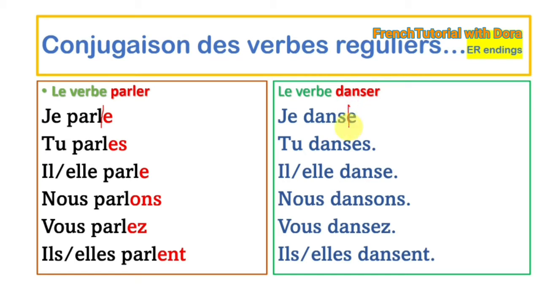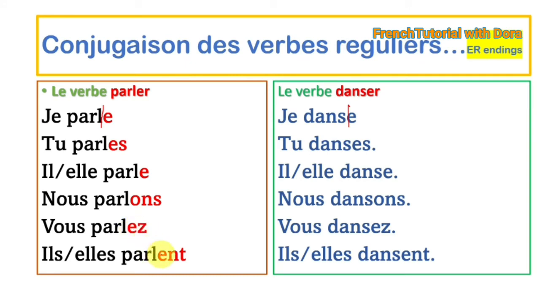So when you get these er verbs and want to start conjugating them, the first thing is to take away the er. The remaining part is the radical. You then add these endings to it. In the first person, e. The second person, es. The third person, e. First person plural, ons. Second person plural, ez.